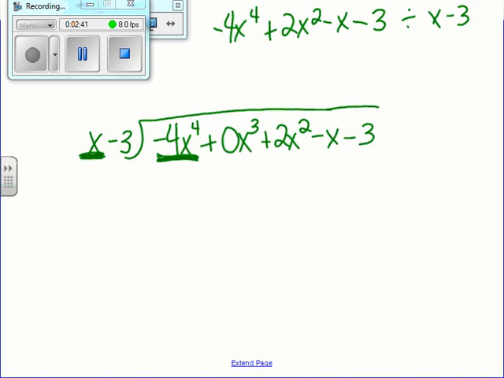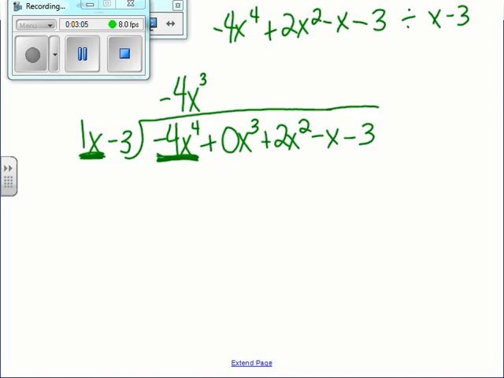I know there's a 1 here as a coefficient, so I could fit 1x into this guy negative 4 times, right? So I'm going to go negative 4 up here, and then write the term with one smaller exponent at the top here.